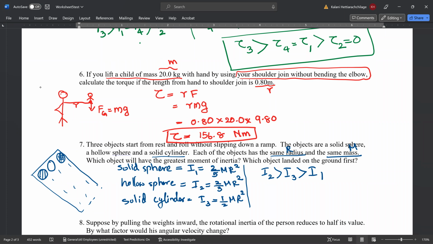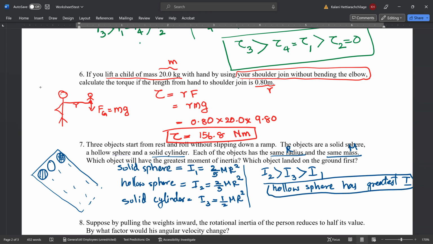So now you can write the answer to the question, which object has the greatest moment of inertia? That means I2, the hollow sphere.